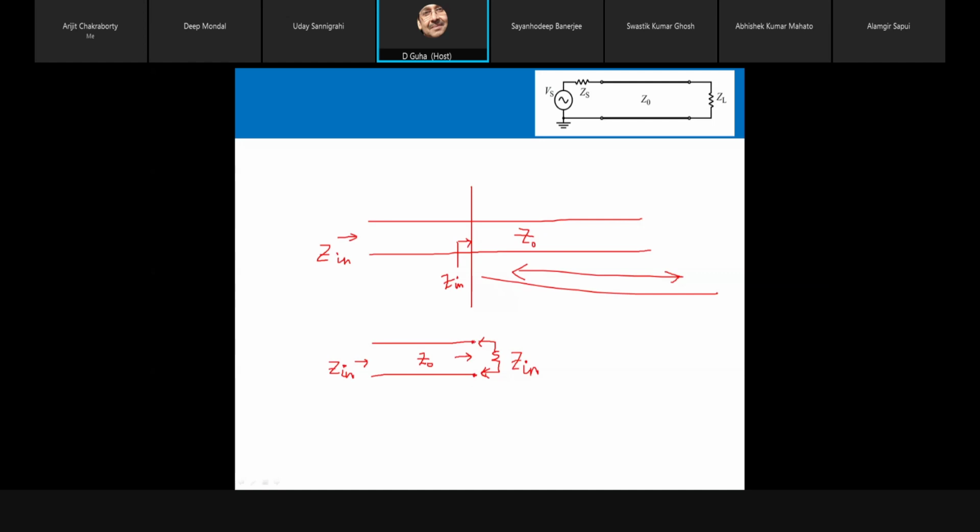এর ইনপুট ইম্পিডেন্স দিয়ে এই সেকেন্ড টার্মিনেশন পোর্ট টার্মিনেট করো বা লোড বল, when I terminate and load it by the same impedance, and its input impedance does not change, then it is called its characteristic impedance.